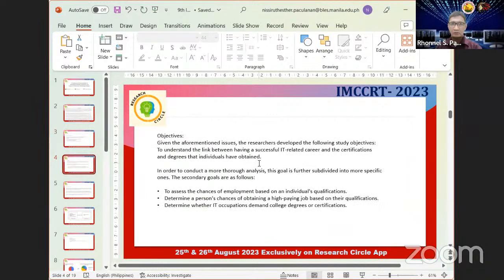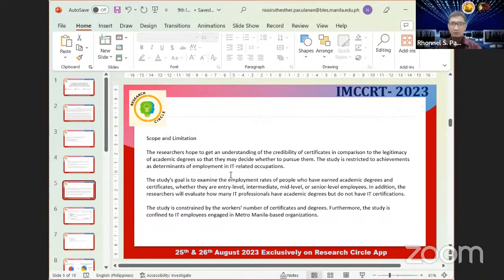To answer those problems, we have the objectives. First, to assess chances of employment based on an individual's qualification. Secondly, to determine a person's chances of obtaining a high-paying job based on their qualification. And to determine whether IT occupations demand a college degree or certification.